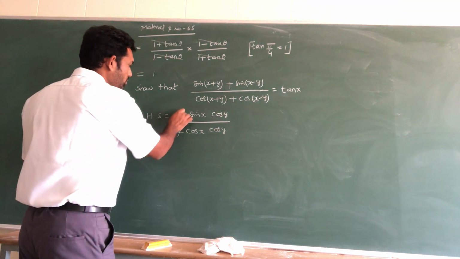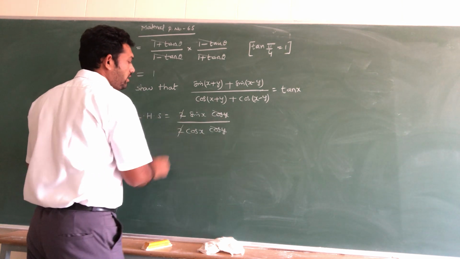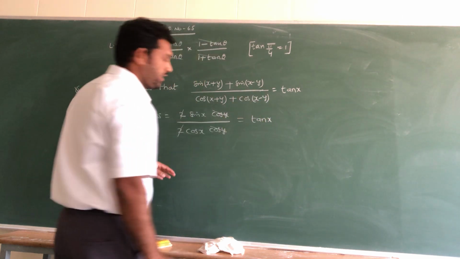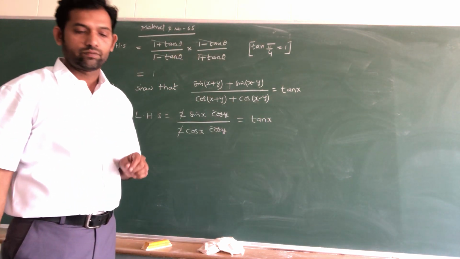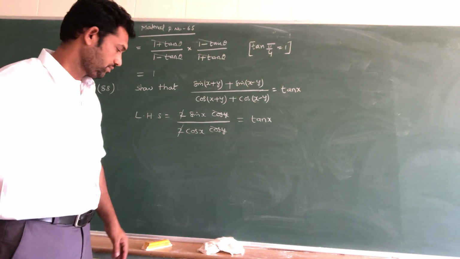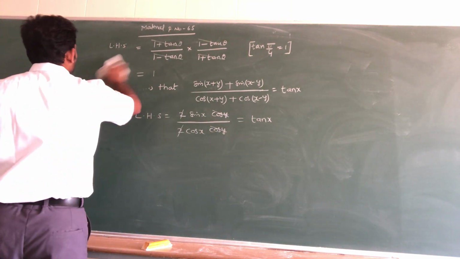So in the simplification, 2 gets cancelled, cos y cancels. Sin x by cos x is tan x. Note down fast. Very simple questions, completely based on formulas.